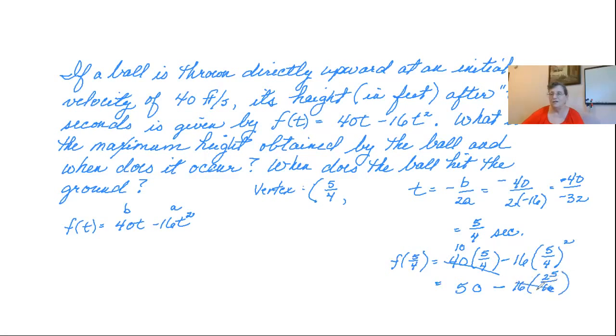Well, the 16s cancel, so it's 50 minus 25 is going to be 25. So the y value is 25. So the answer to the first question, what is the maximum height obtained by the ball and when does it occur, is the max height is 25.